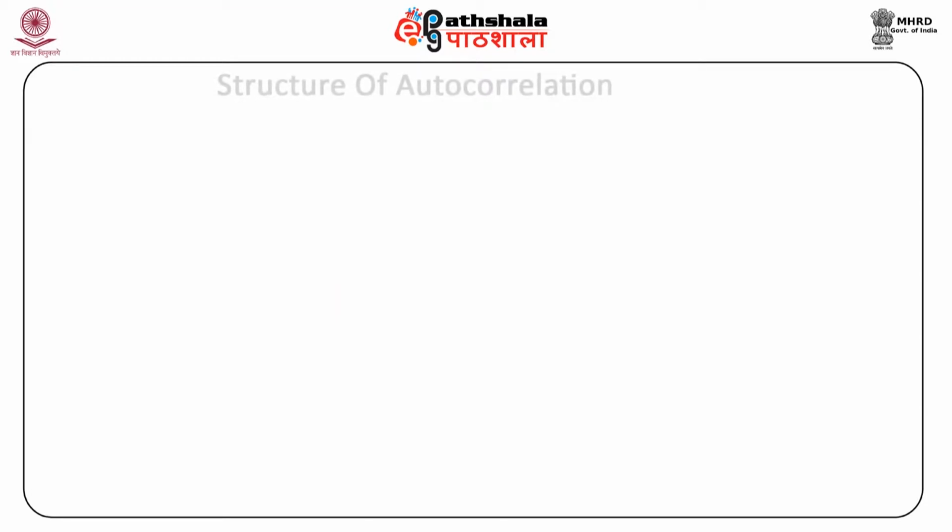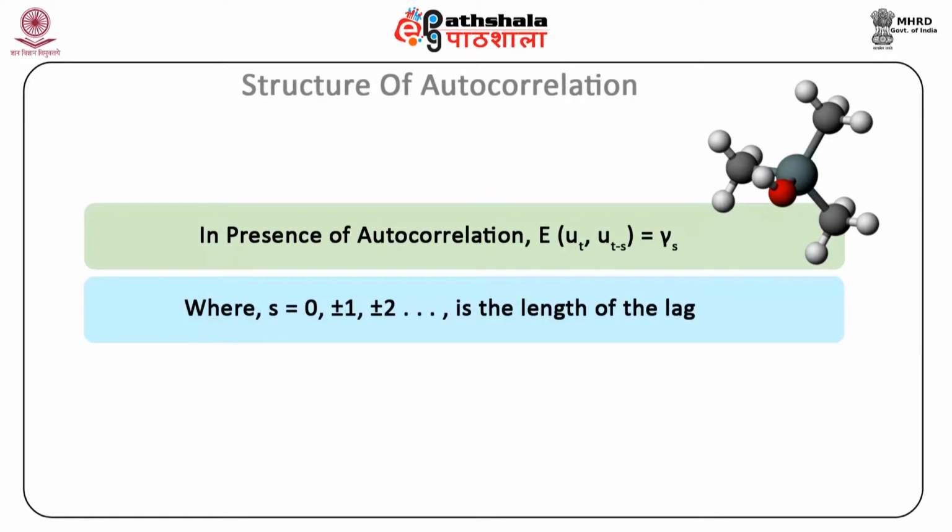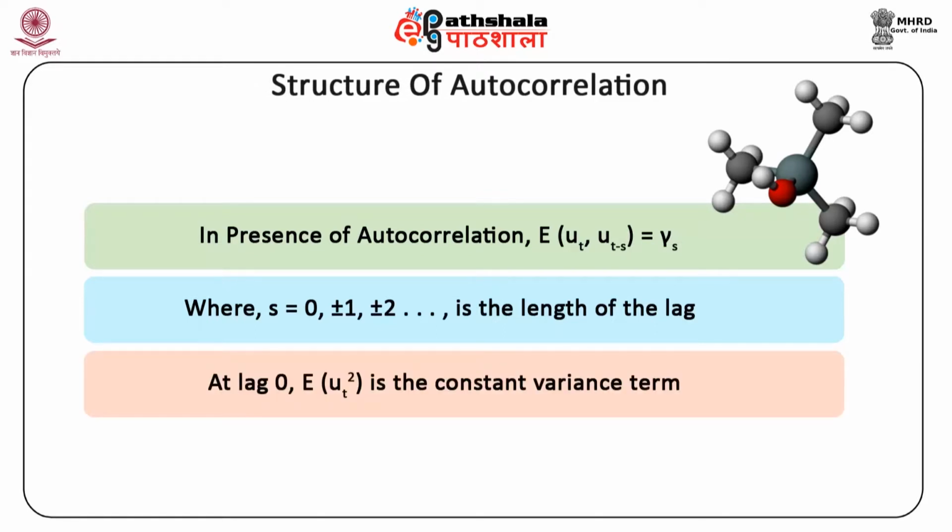We know that when autocorrelation is present, the expected value of u_t, u_(t-s) is equal to gamma_s, where s is equal to 0, plus or minus 1, plus or minus 2 and so on, and is the length of the lag. At lag 0, the expected value of u_t squared is the constant variance term.